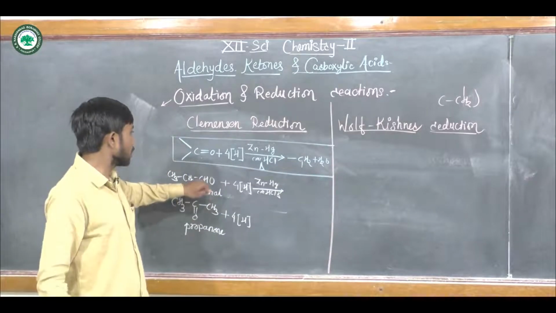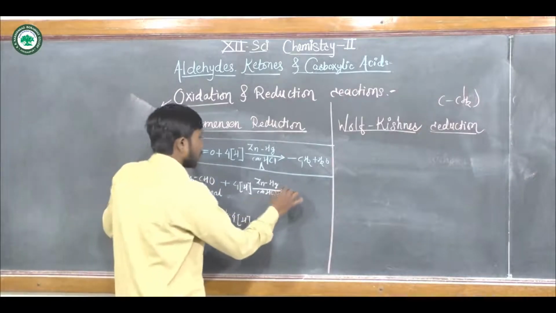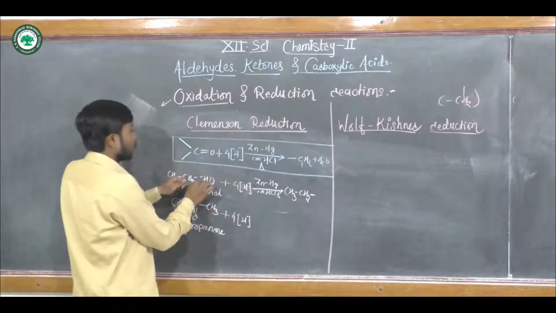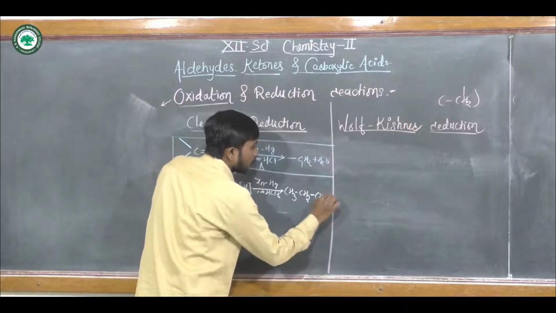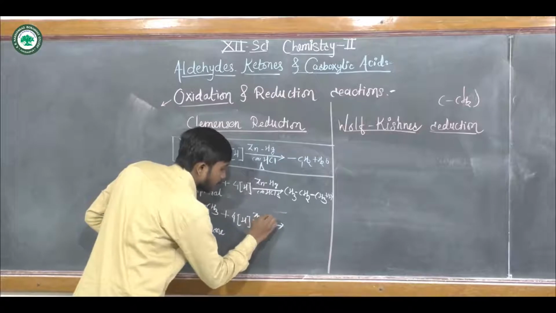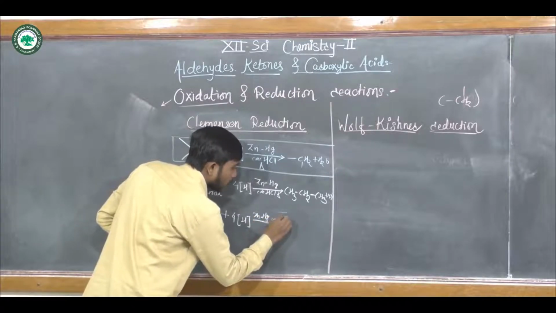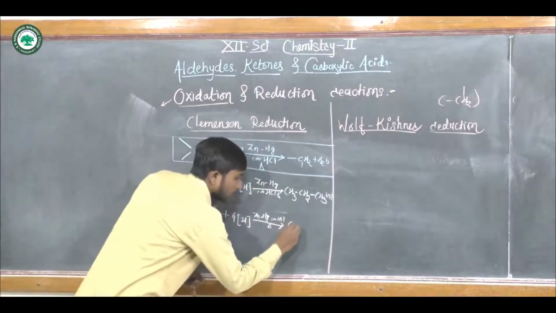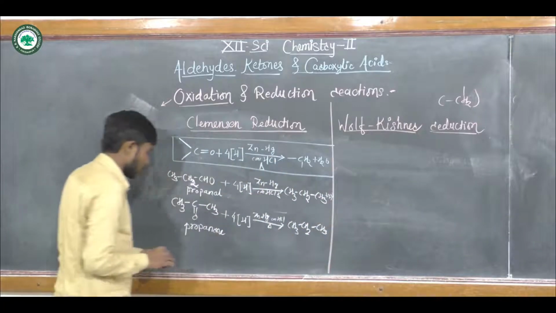This carbonyl carbon double bond gets reduced and there is a formation of CH2, which converts to CH3 plus H2O. The same reaction happens with concentrated hydrochloric acid: acetone gets reduced to CH3CH2CH3 and water.